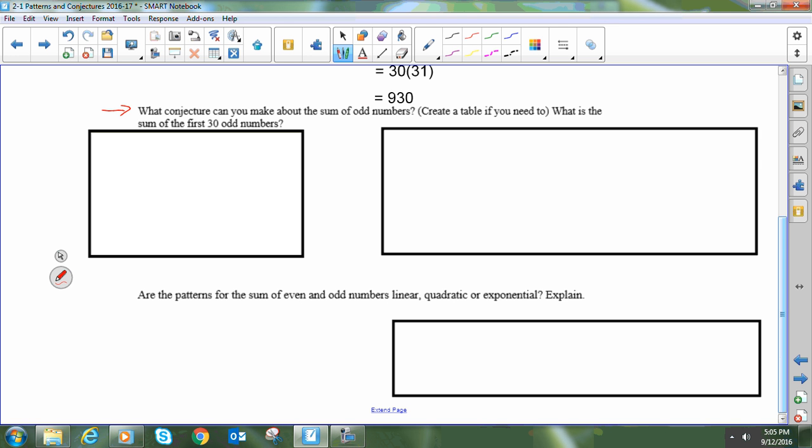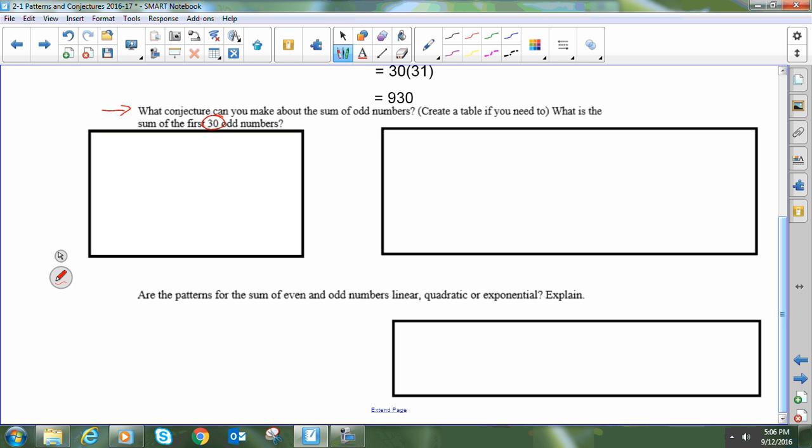So what I want you to do is pause the video and try organizing the information in some way so that you can see a pattern develop. From the pattern, make a statement, and then determine what would be the sum of the first 30 odd numbers. So when you're ready, push play, and I'll be here when you come back.